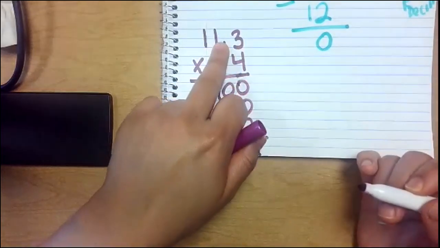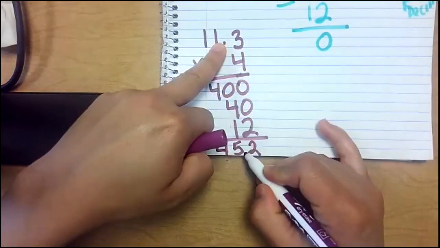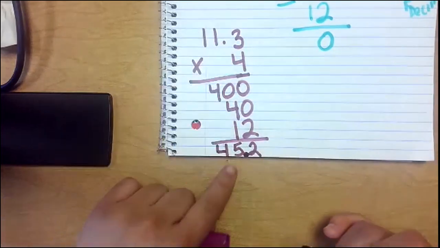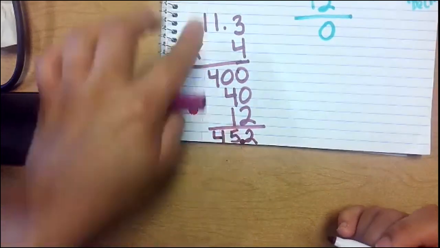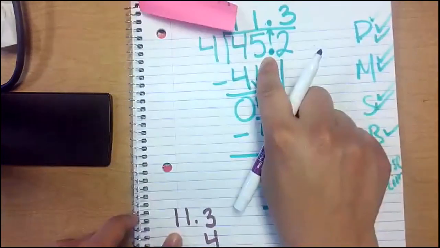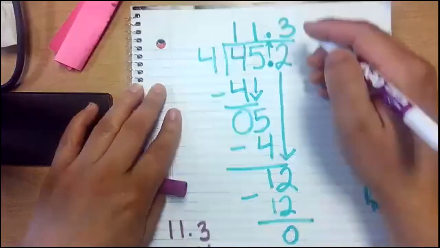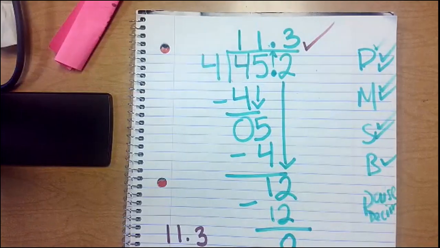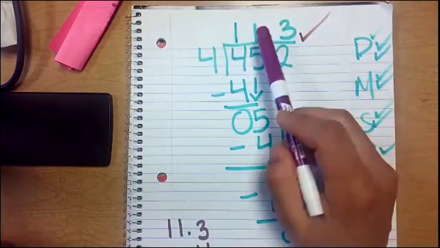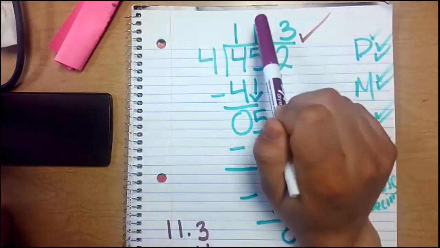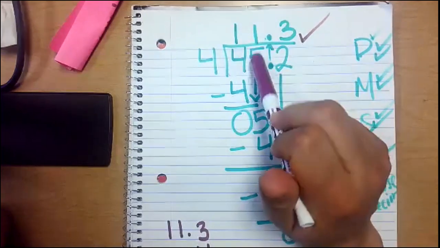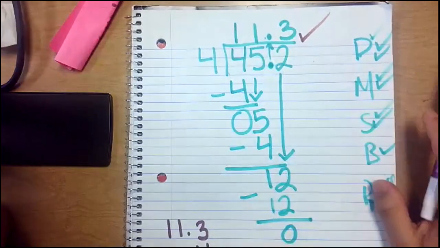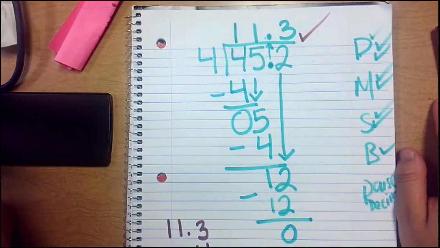We have one place value before the decimal. We put it one place value before the decimal. 45 and 2/10. That means our quotient is correct. Did everyone see how I lined up the quotient depending on which number I was multiplying by? Okay.